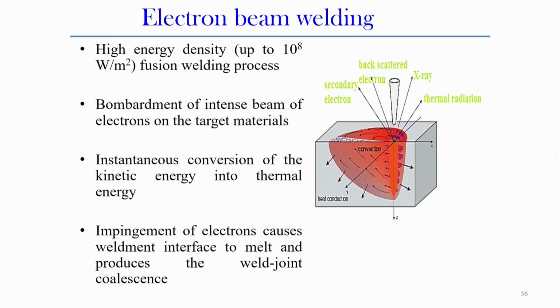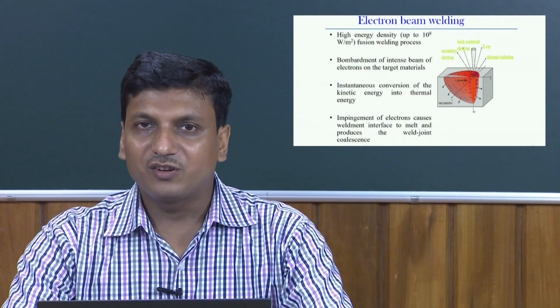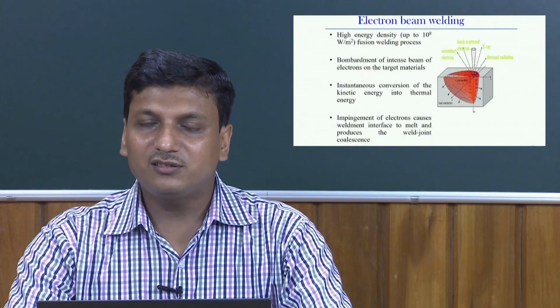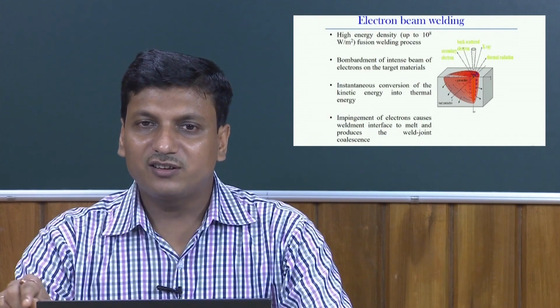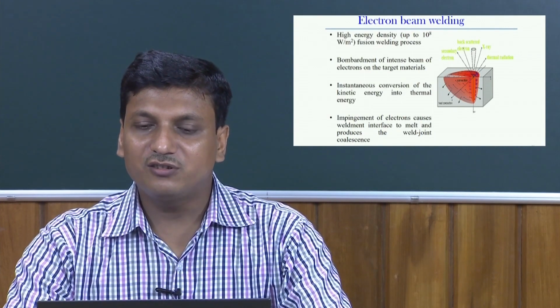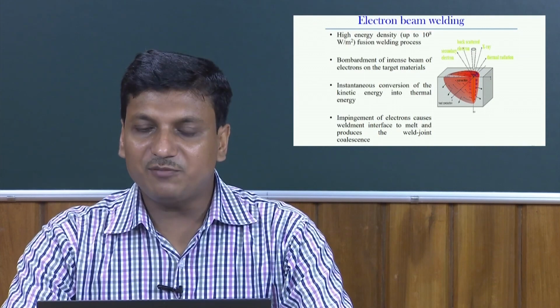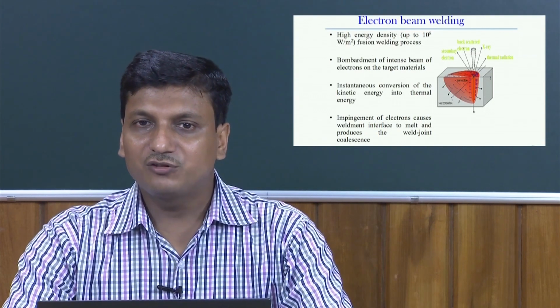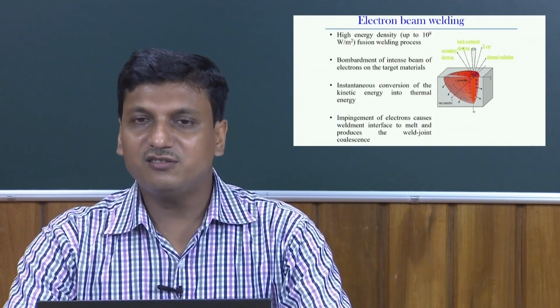So, there is an X-ray effect in the electron beam welding process, which was not there in the laser welding process. When the molten volume is created, some amount of heat is conducted through the solid workpiece, and within the molten pool there is a convective flow of material, and at the same time there is also heat loss through thermal radiation.